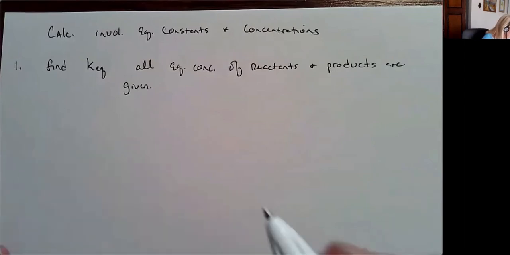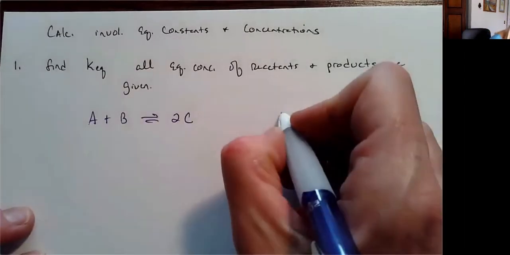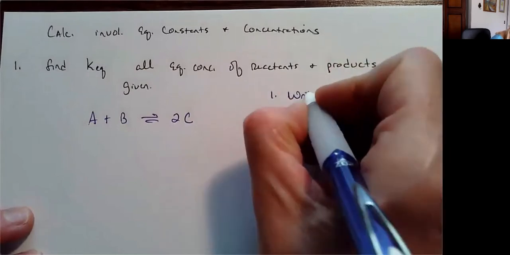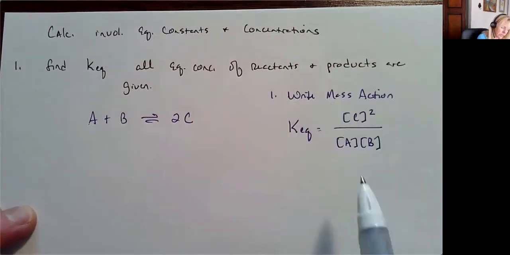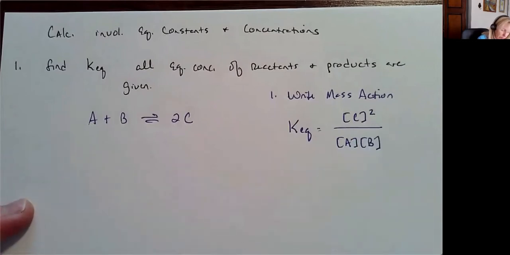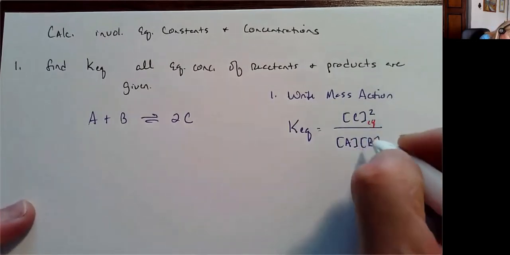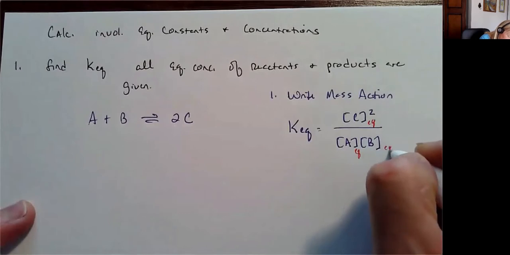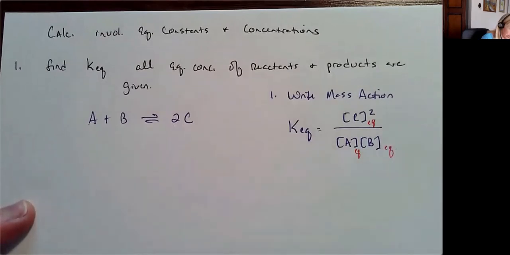So let's say I have this simple equation, and I'm going to write my mass action. Once I get these concentrations here, I can plug them in and solve. And remember, these are all equilibrium concentrations, not my initial starting concentrations.